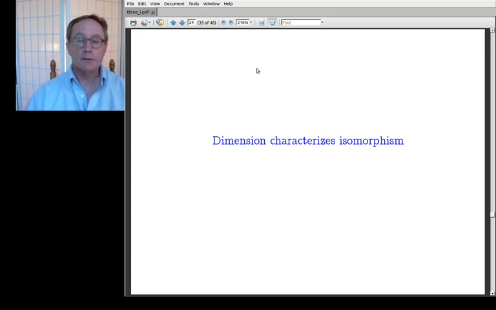If you have two vector spaces and you find a basis for the first, maybe it has 3 vectors, and you find a basis for the second, maybe it has 3 vectors, those will be isomorphic vector spaces. They are in some sense just like each other. In fact, the isomorphism can be as simple as you take the two bases and associate them.